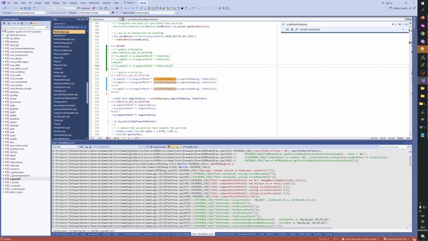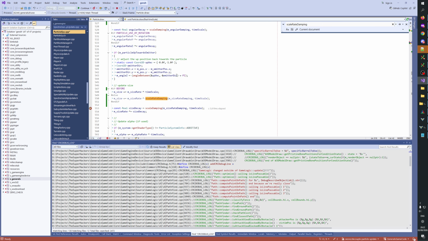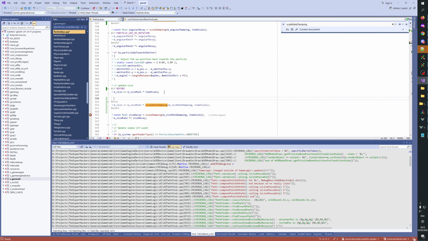Oh, we forgot to uncomment this one here. The rotation. Yeah. Let's do a, what type is this?